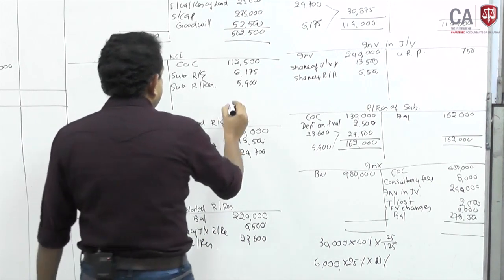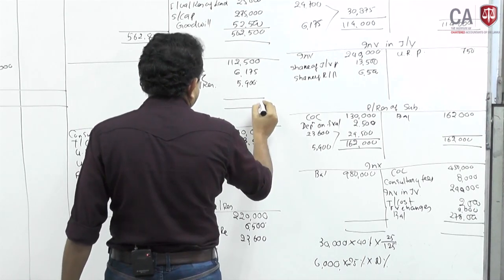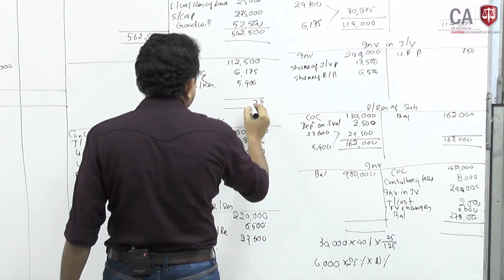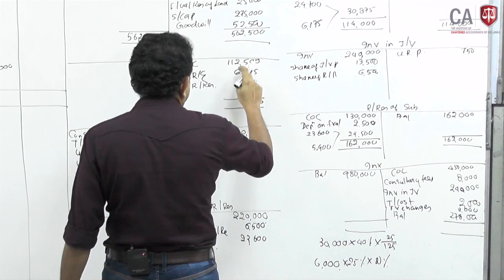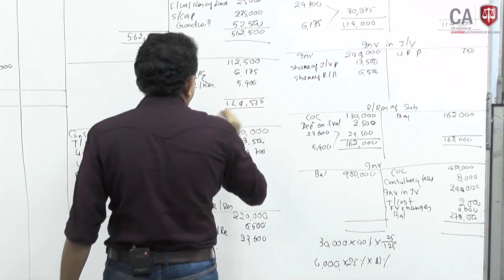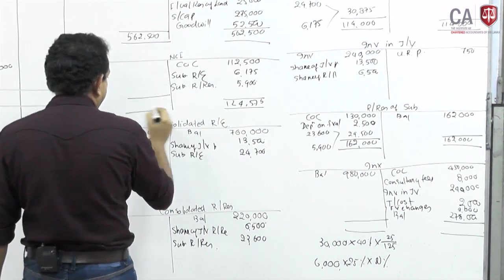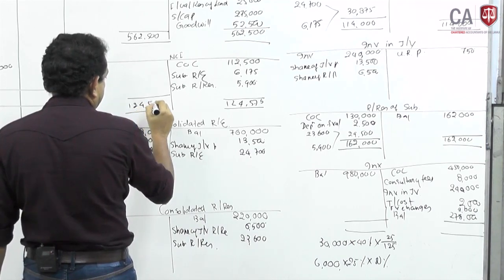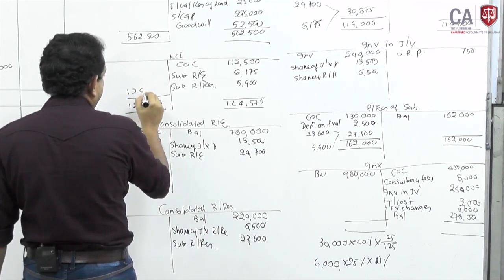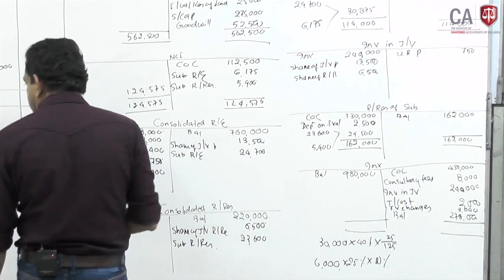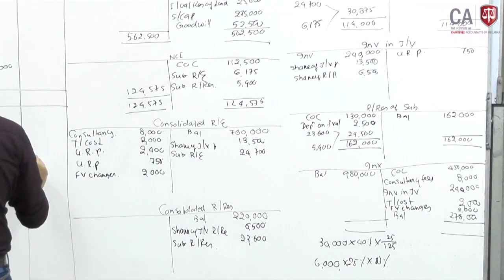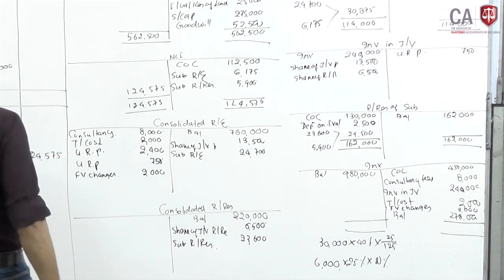We will close up NCI. This is 124,575. 124,575 will be brought to the balance sheet: non-controlling interest, 124,575.